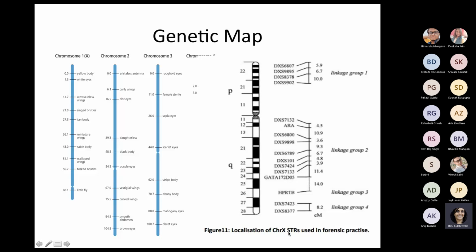People have also made maps of these short tandem repeats on the chromosomes. So similarly to these gene maps, I can also go back to my STR maps and find out the sequence of the various STRs which are present on a chromosome, and that can also give me a hint.